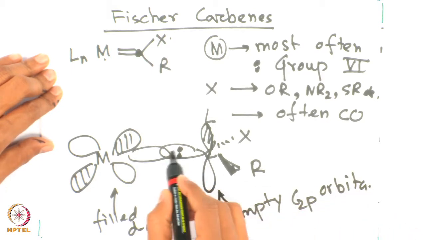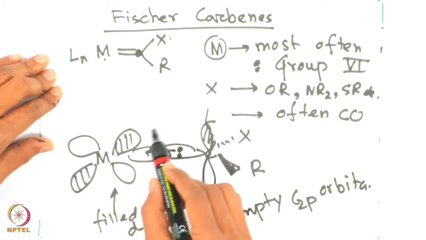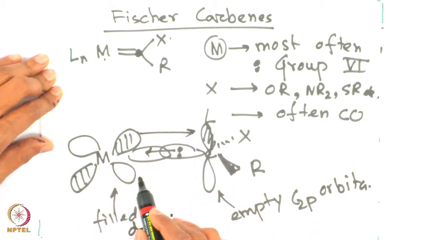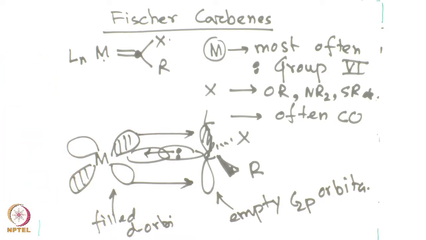Overall, then you have the donation from this lone pair of the carbene, and the filled d orbital can give electrons to the empty C 2p orbital. That is the interesting part: you have a carbene 2 electron donation into the metal orbitals, and the metal d orbitals are interacting with the empty C 2p orbital.